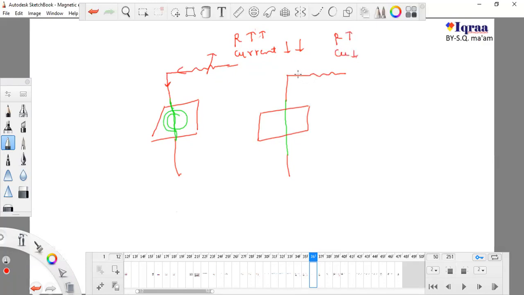I'm using a higher sign to show that there is more current. In the earlier case resistance is very high and current is very low. In this case resistance is less high and current is less low, which means current has started to flow. So in this case you will find more magnetic lines.